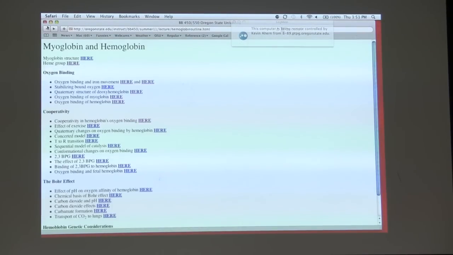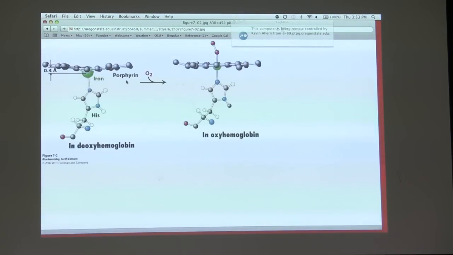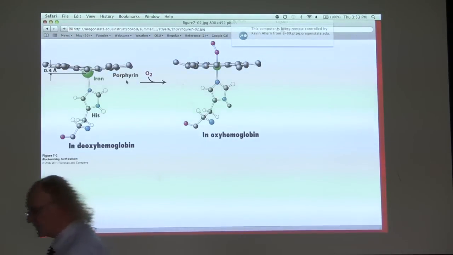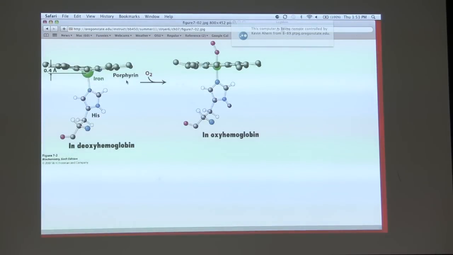So I promised I would talk about cooperativity. To talk about cooperativity, I need to go back to look at this little tiny movement of the iron. Now, as I said, this happens in myoglobin and hemoglobin both, but I'm going to distinguish them for you in just a second. For the moment, we're focusing on the heme group, and we can be thinking about either myoglobin or hemoglobin.